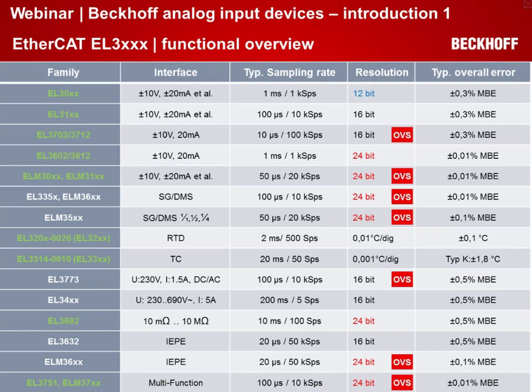And here the last line on this page is our multifunction family. We have some terminals that can cover all other interfaces that I have listed before, but not the high voltage interface. These are nice devices to use in a laboratory environment when you have to change between the interfaces every hour.